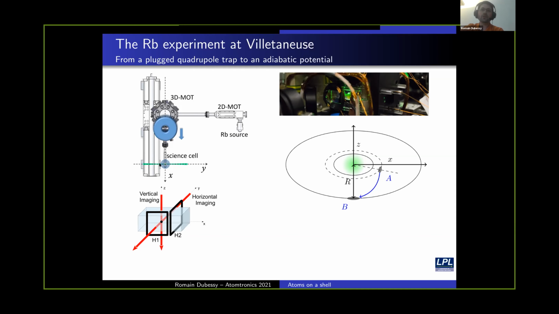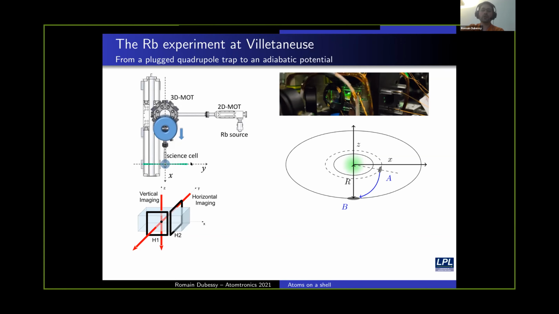Then we transfer into a much smaller quadrupole trap with small coils that enable us to produce higher gradients. And in this quadrupolar trap, we achieve Bose-Einstein condensation.